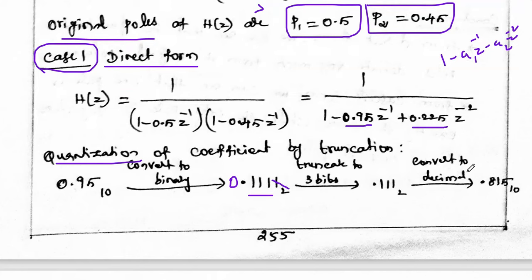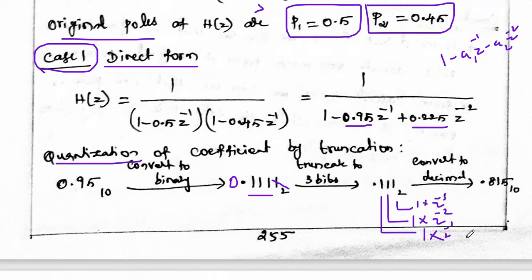This binary you again convert into decimal. You know the procedure for converting binary to decimal: the first 1 is multiplied with 2 power minus 1, then the next 1 with 2 power minus 2, then the next 1 with 2 power minus 3.